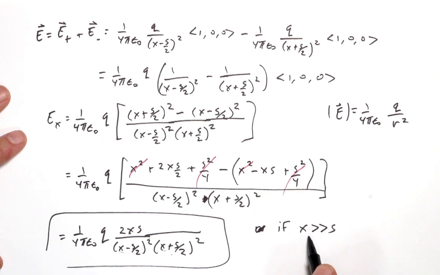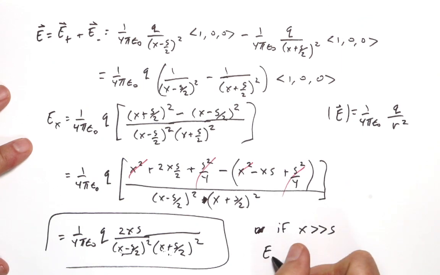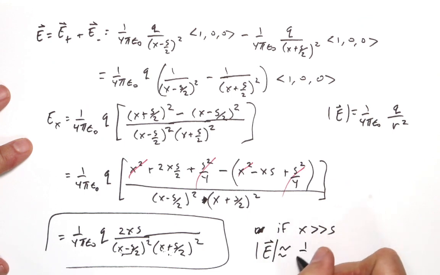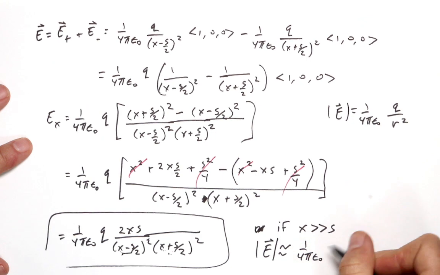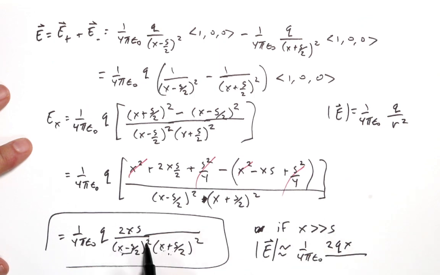Now what if x is much greater than s? If that's the case, then this term right here is approximately x, and this term is approximately x. So in that case, E magnitude is approximately equal to 1 over 4 pi epsilon naught 2qxs, I should call that r, but that's fine, over x squared times x squared, which is x to the fourth.